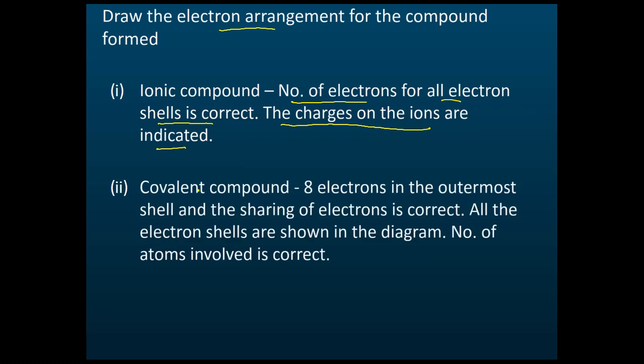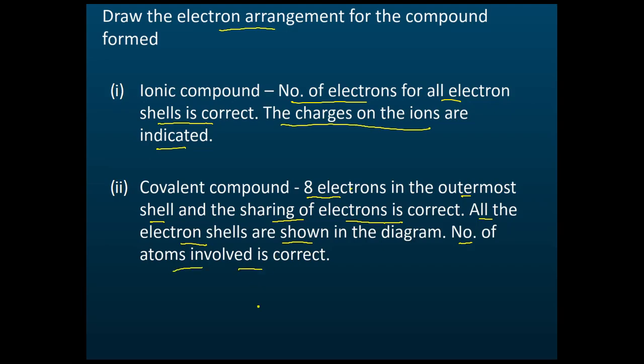And for covalent compounds, 8 electrons in the outermost shell, and the sharing of the electrons is correct. How many electrons are shared is correct. And all the electron shells are shown in the diagram. You must show all. Don't show just the valence electrons. And the number of atoms involved is correct.